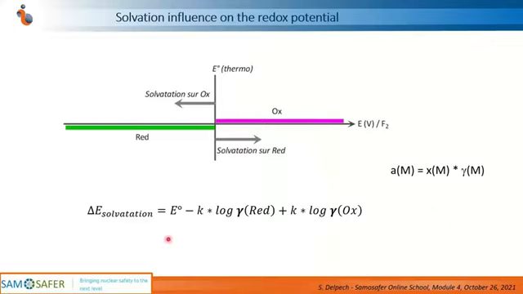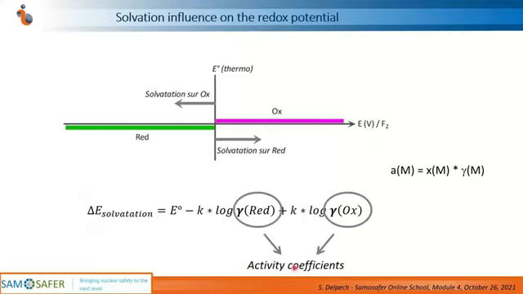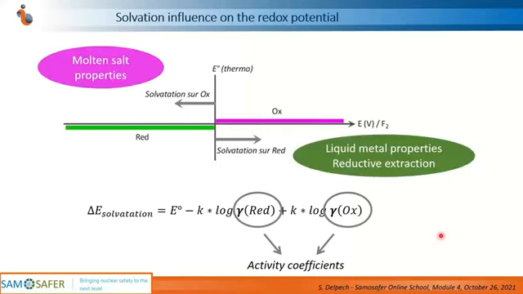And we can express the difference of potential due to the solvation by this relation in which the terms gamma red and gamma ox are the activity coefficients. And I recall here the relation between the activity coefficients, the mole fraction, and the activity of the elements.